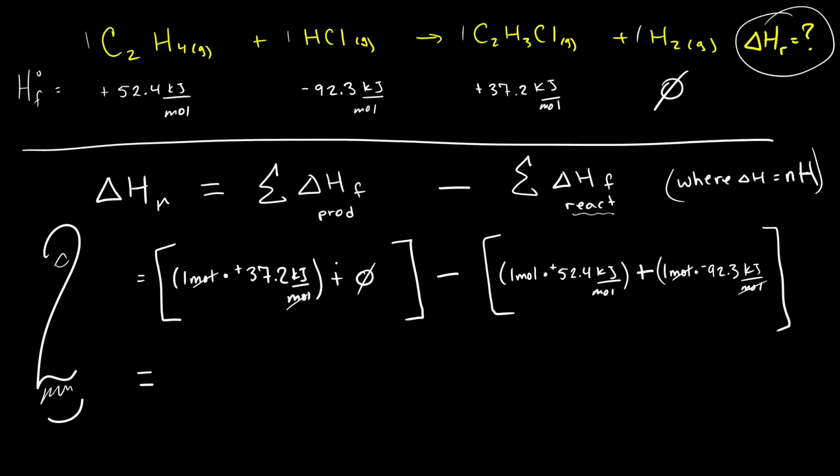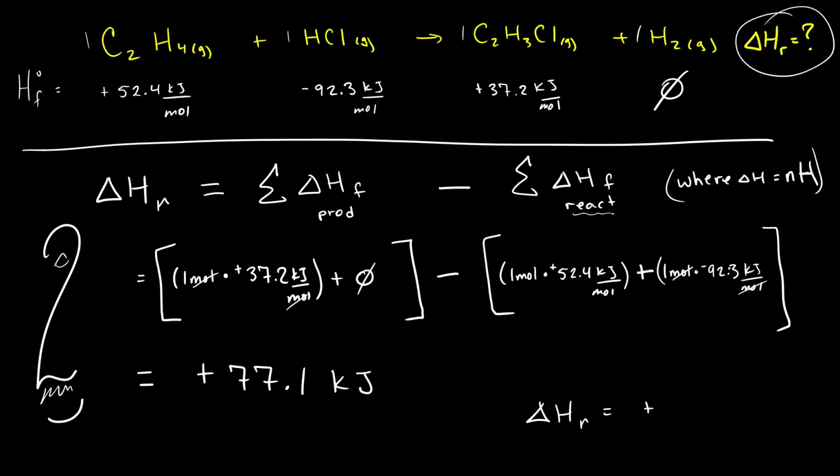This one I actually have written out or solved already. Hallelujah, you don't have to listen to me trying to use my calculator. Anyways, this one works out to plus 77.1 kilojoules of energy. So final delta H of reaction for this one.